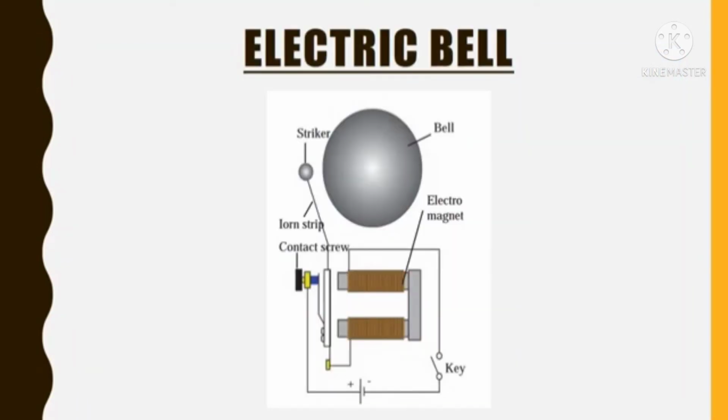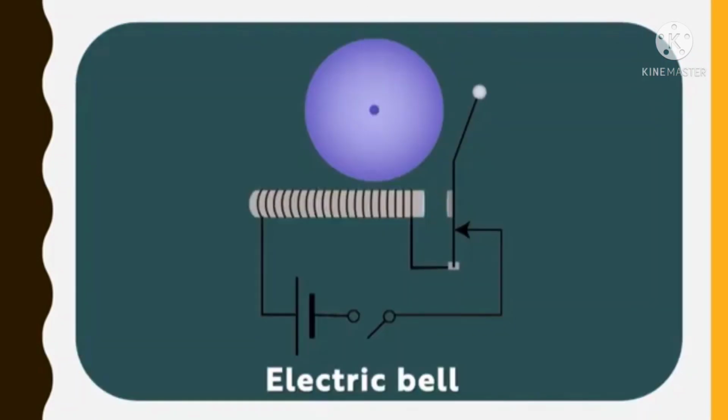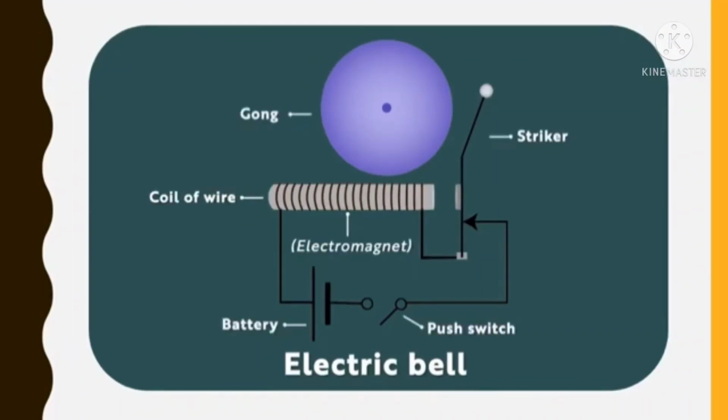Now the next part is the electric bell. We studied this part in the last video also, but it is quite difficult. That's why I am taking it again in this video. Here is the internal structure of the electric bell shown on the screen. The mechanism of the electric bell is given in your textbook. Here we are going to discuss the various parts of the electric bell. There is a push switch at the bottom.